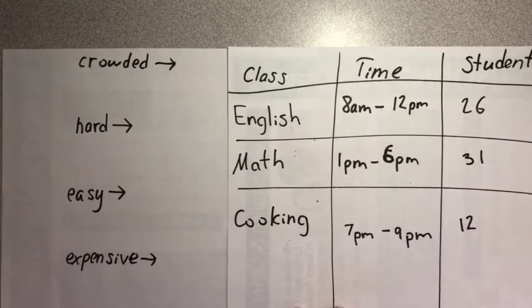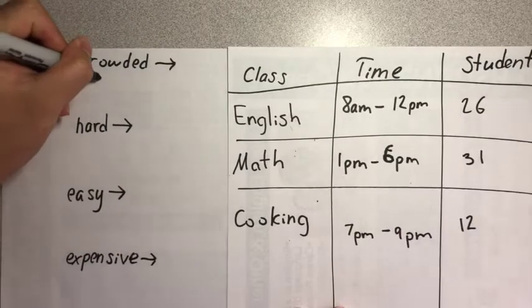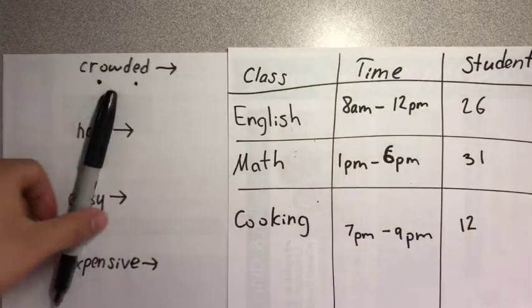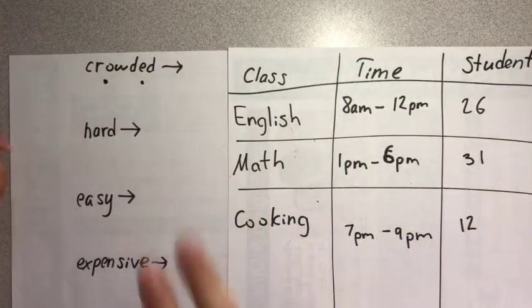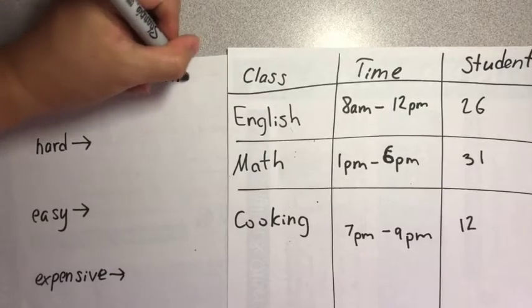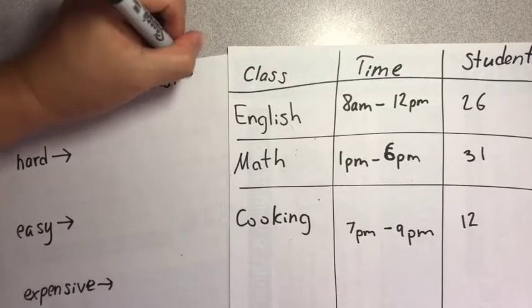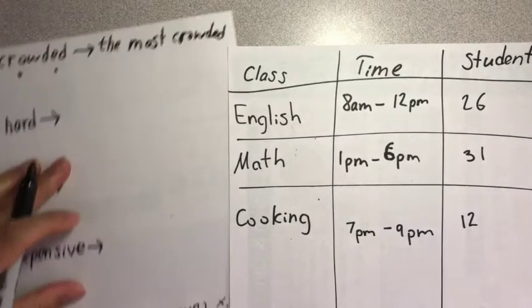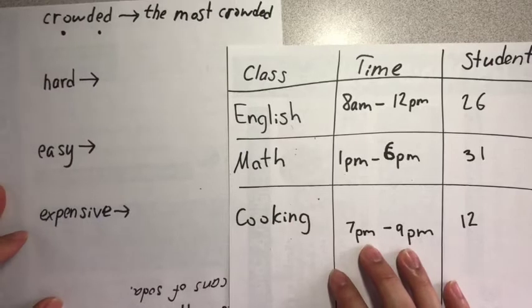How many syllables is in crowded? Two syllables. Because it has two syllables, we say the most crowded. So which class is the most crowded?